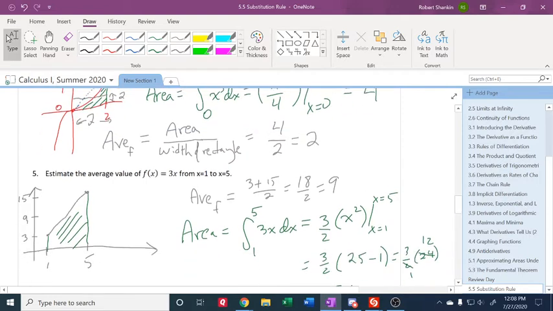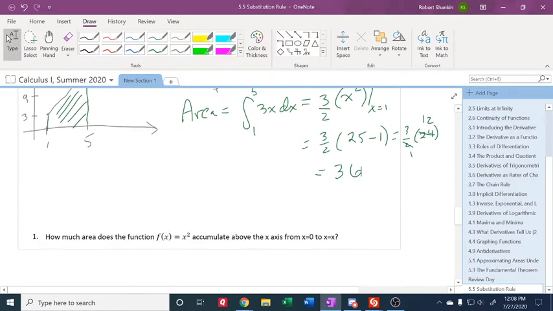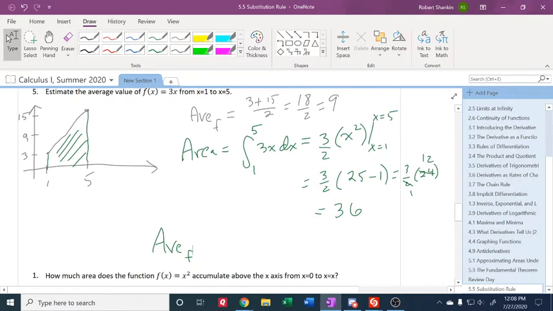Now if I was continuing to do this, the average is always going to be, if it's a region strictly above the x-axis, but we're going to find out that it works all the time, even if it's below or anywhere. The f average is the area under the curve divided by the width of the rectangle. So the area was 36. The width was 5 minus 1.